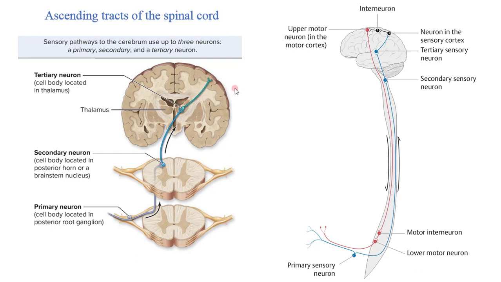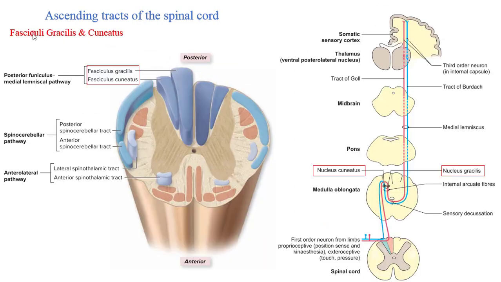Okay, so now that we understand the usual order of the sensory pathway, let's start by having a look at the exception to the rule. Fasciculus gracilis and fasciculus cuneatus are two rebel tracts occupying the posterior funiculus of the white matter. What's so special about them?